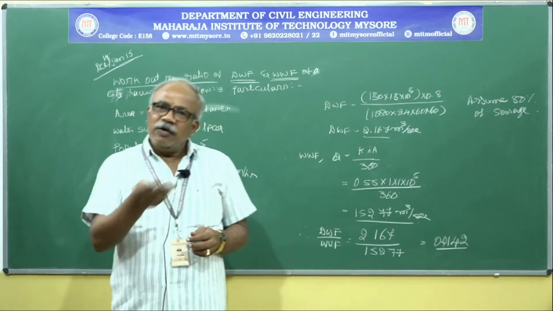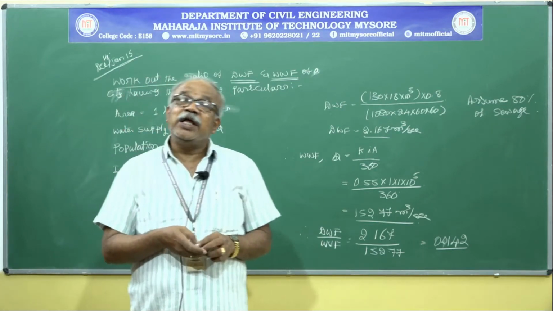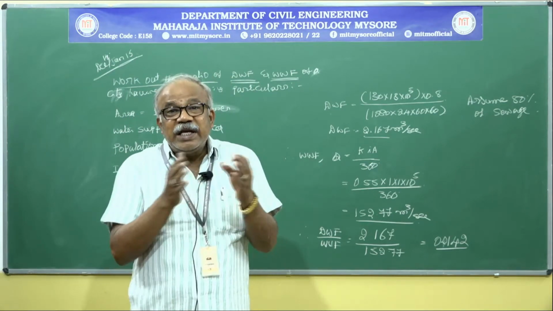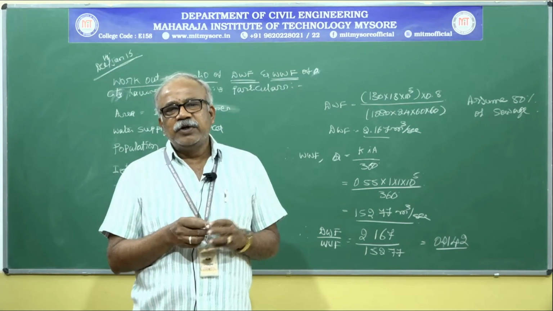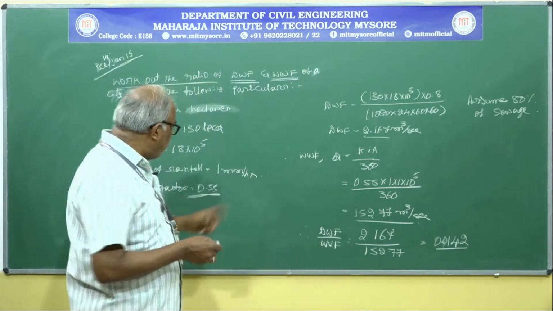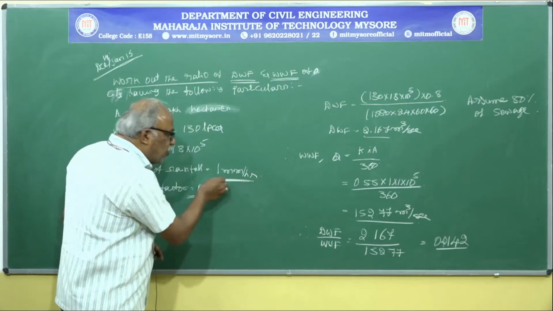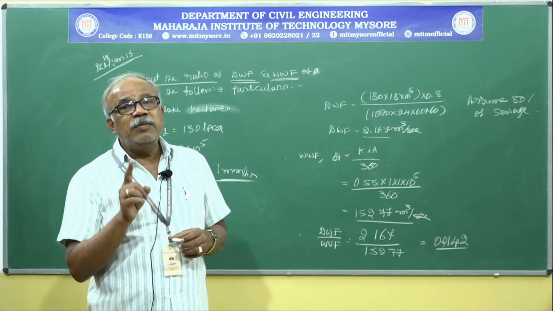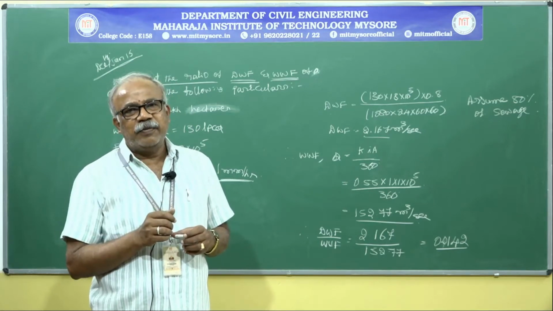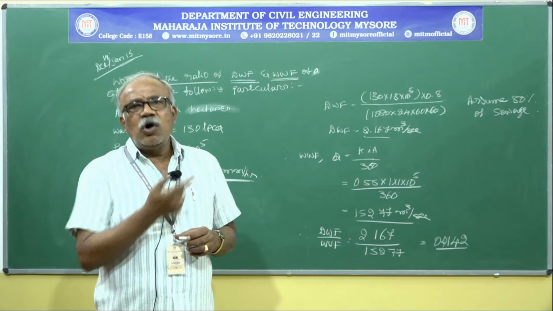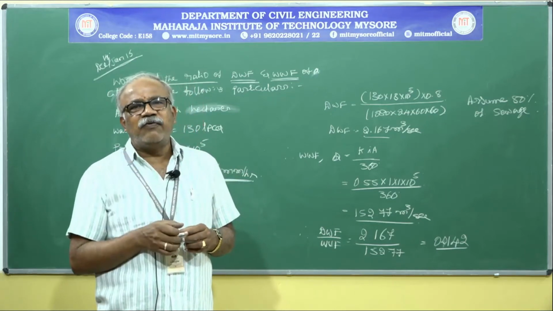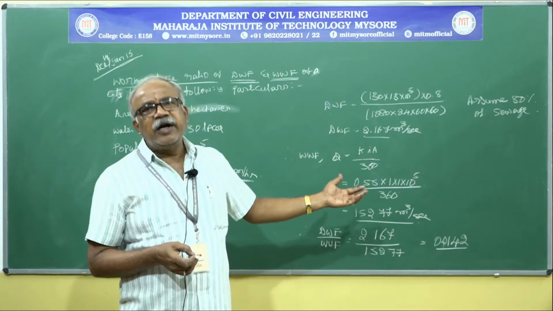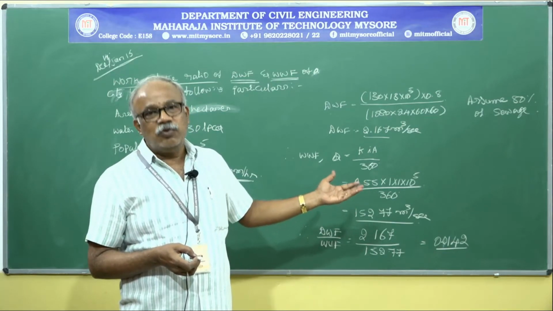In the last class I gave 3 equations. They depend on the time duration and intensity of rainfall. In this problem, the intensity of rainfall is given only as 1 millimeter per hour. So according to that intensity of rainfall, we have to use the equation. You already know which equation to use.